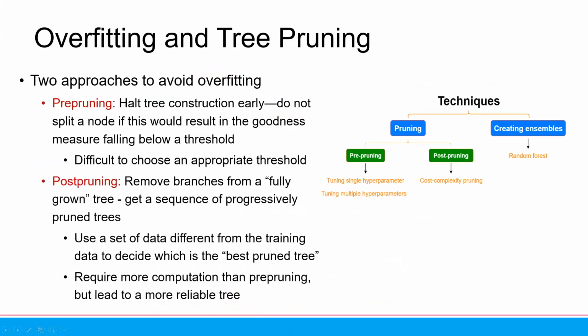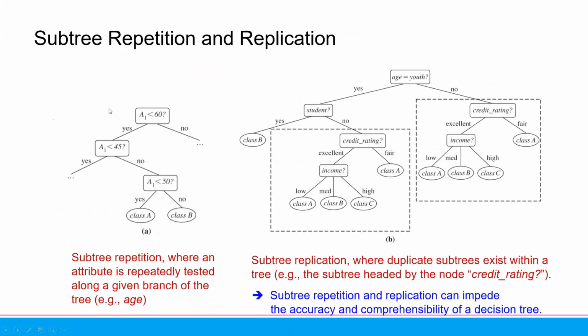So the fully grown tree, as I'm looking here. How can we cut? The question is how we can cut the tree. First, we can look for any repetition. What is repetition? Let's say I have this one, A1. Let's suppose A1 means the age.